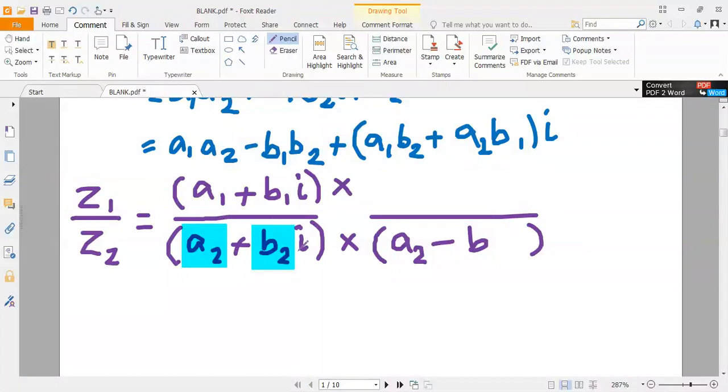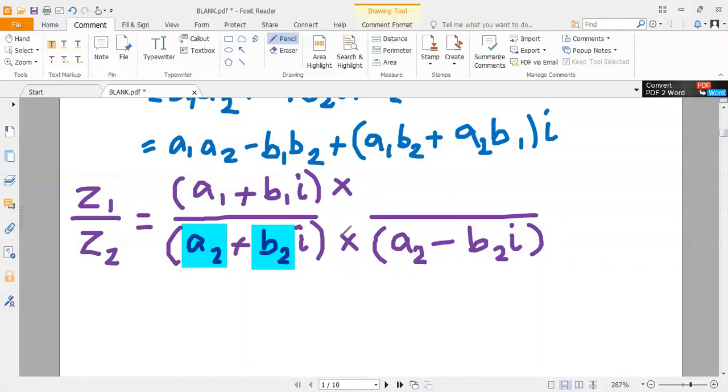The imaginary part is what changes. Complex number is all about imaginary numbers, so the imaginary portion of that complex number changes. So basically, this is called the conjugate. In this case, this is the conjugate of the denominator. So I'm multiplying the conjugate of the denominator with this.